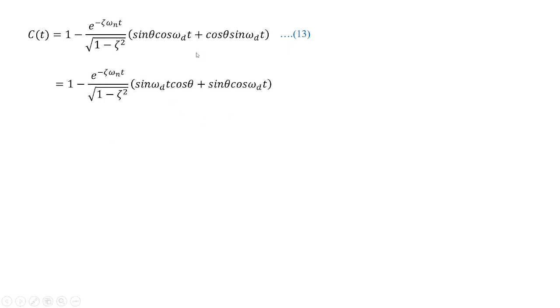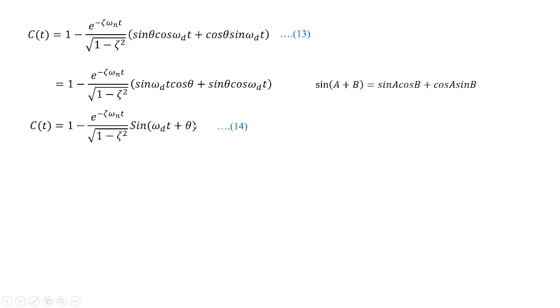Now just rearranging this equation 13 in terms of the sine A cos B and sine B cos A formula, such that sine of A plus B is equal to sine A cos B plus cos A sine B. With that I'm going to frame equation 14, and this particular equation is nothing but 1 minus e to the power of minus zeta omega n t by under root of 1 minus zeta square multiplied with this sine term.